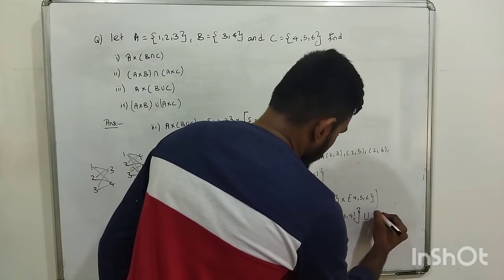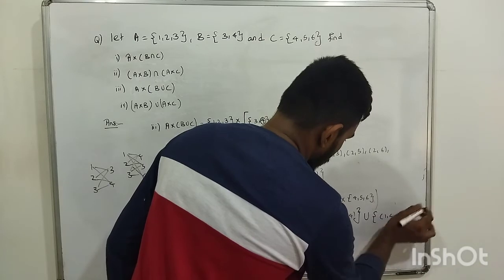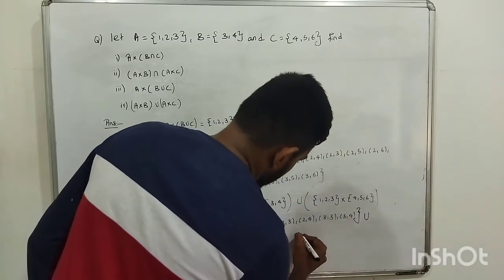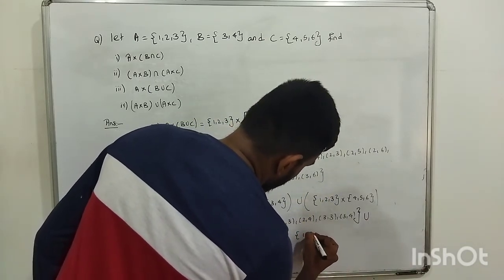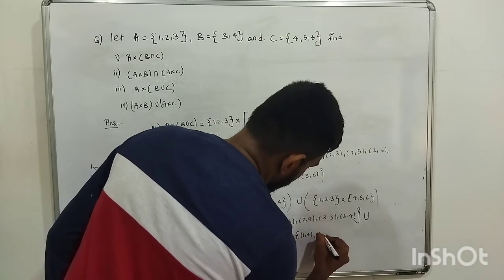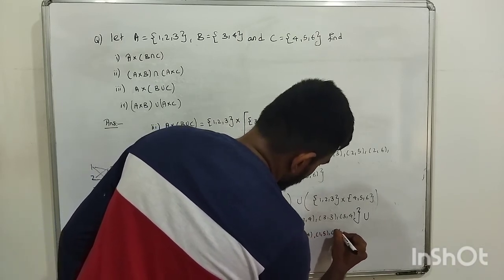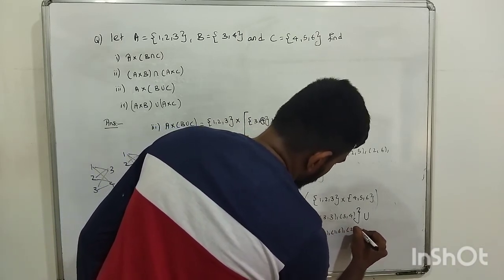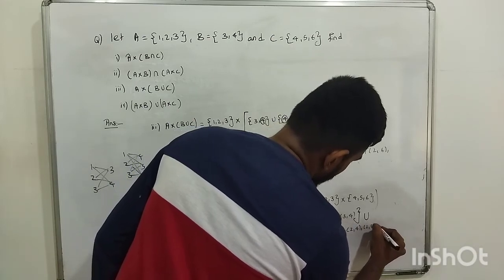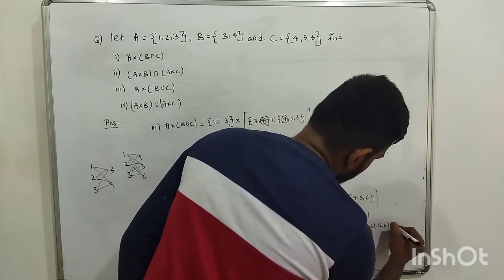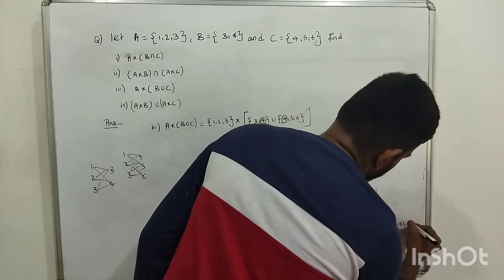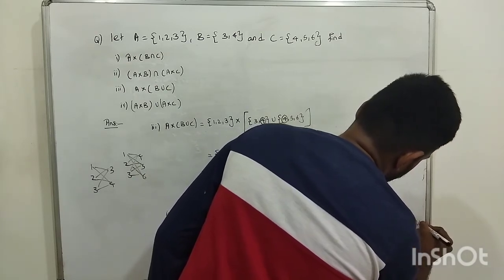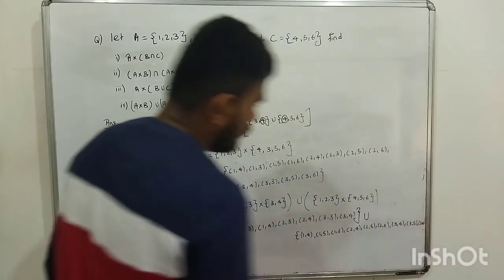Union is second now. (1,4), I'll write it here down: (1,4), (1,5), (1,6), (2,4), (2,5), (2,6), (3,4), (3,5), (3,6). Okay.